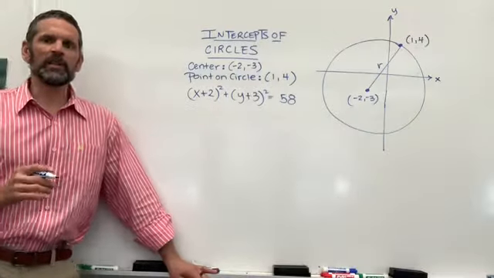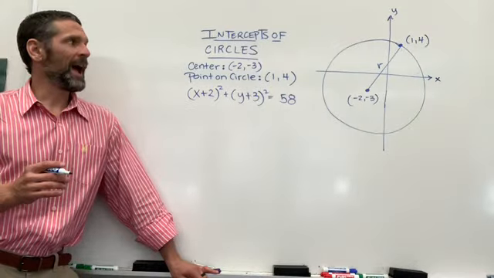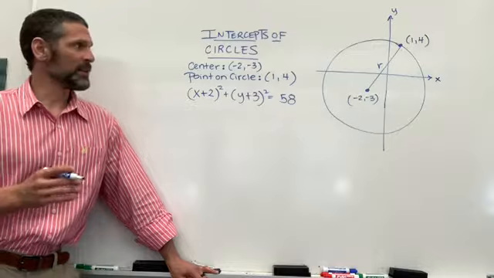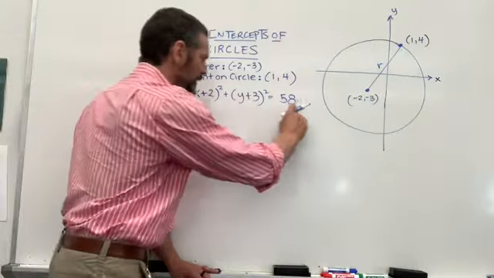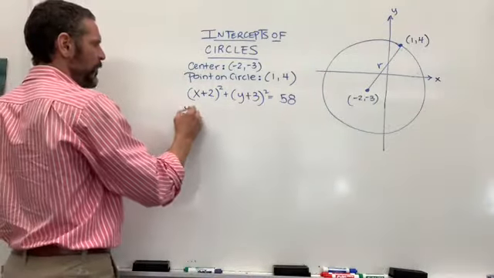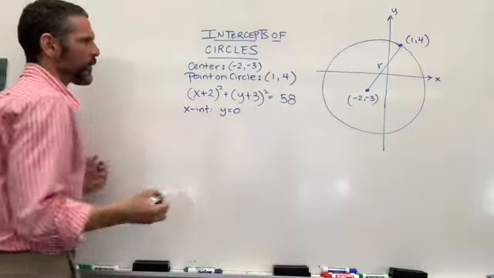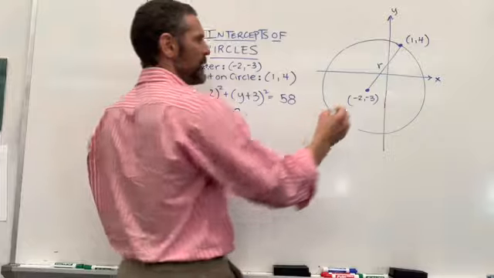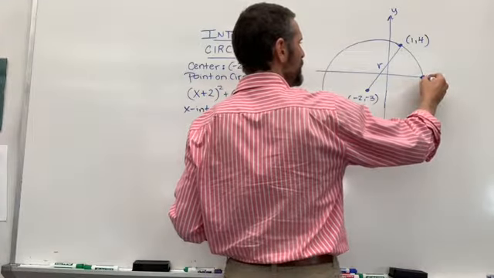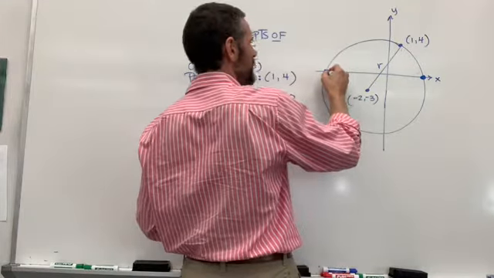If we're dealing with this same example and they ask us for the x-intercepts, well, we found that this is the equation. If we want the x-intercept, that means we're going to put in 0 for y. I can tell by looking at my picture that I'm going to have 2 x-intercepts.